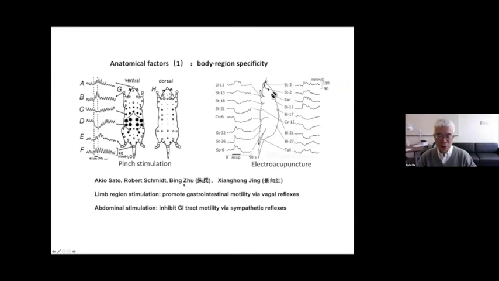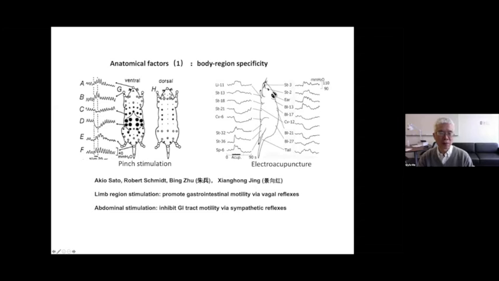And Professor Bing Zhu in China essentially reproduced Sato's finding by using electroacupuncture. You can produce the same acupoint map, or basic body map. When I learned this story in 2014, 15, and first discussed it with Bing Zhu, I told him this is a great entry point.